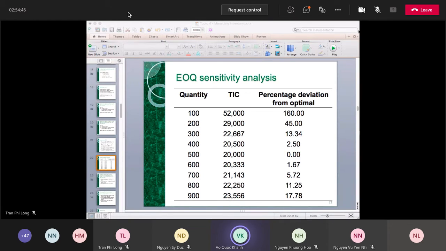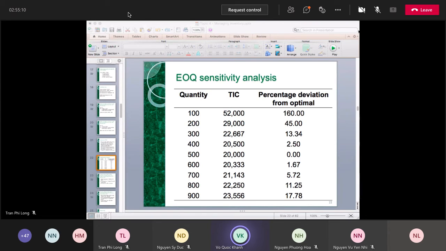And then we learn about the economic ordering quantity, or the EOQ model, in which we assume that the rate of usage is constant in time, and we only order a new quantity after we have depleted the previous order, and all ordering costs are fixed.